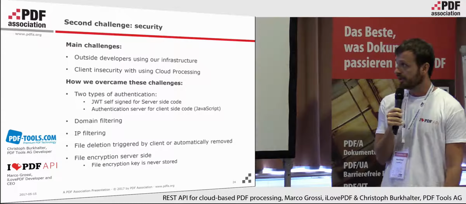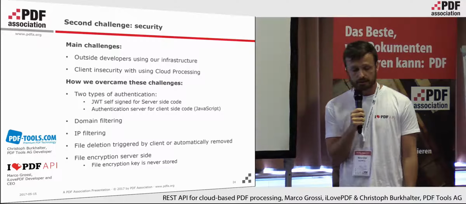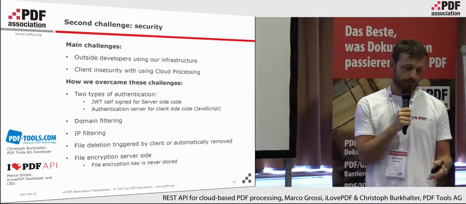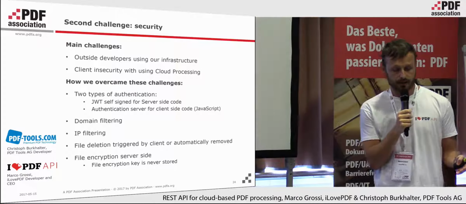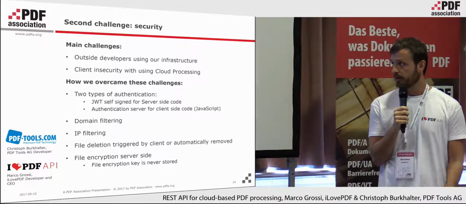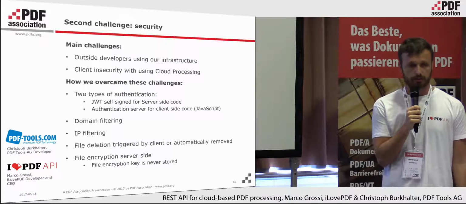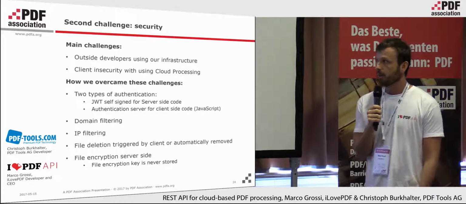Also, we offer domain filtering and IP filtering. This means that all requests from that API client that are not coming from the configured domain or IP, we will reject.